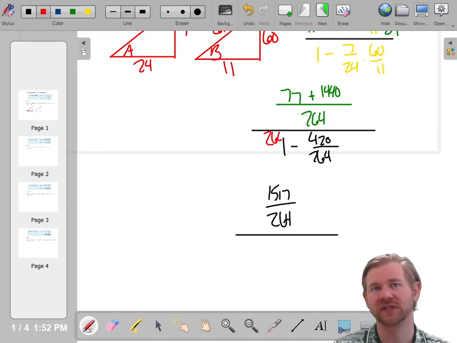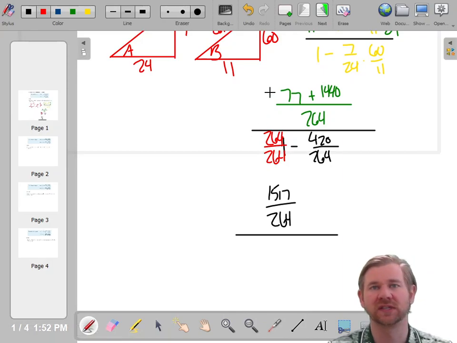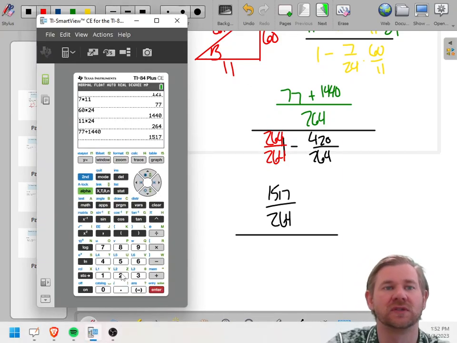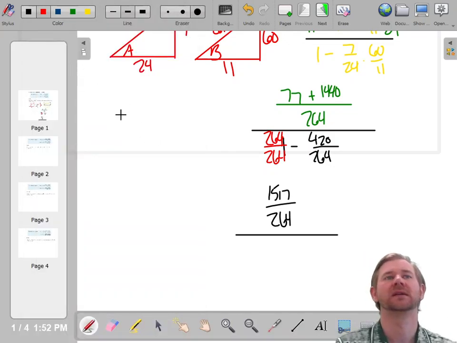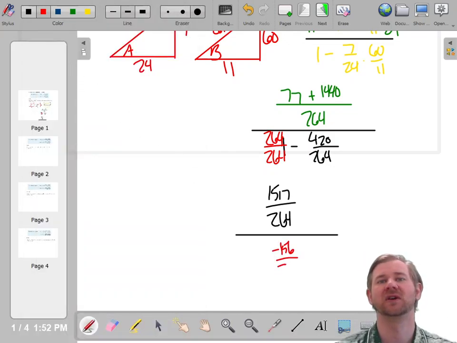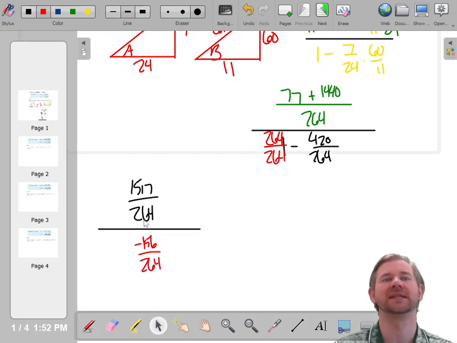So this is really 264 over 264. If you're trying to have 1, just think of it as 264 over 264. Now I'm going to do minus 420. So 264 minus 420 is negative 156, so negative 156 over 264.